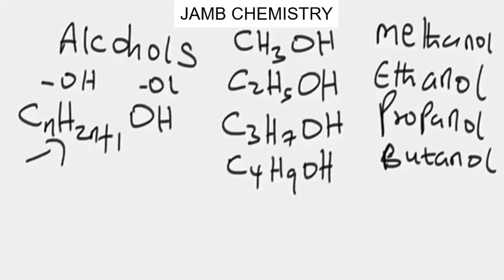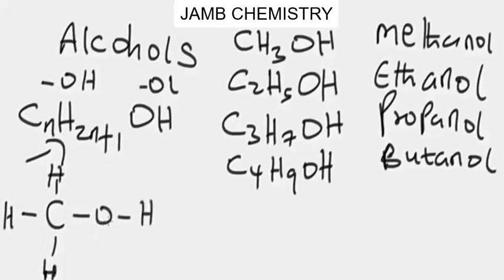Now let's look at the chemical structures of these first four alcohols. For methanol, since it has one carbon atom, this will be the chemical structure of methanol. This is the OH functional group.